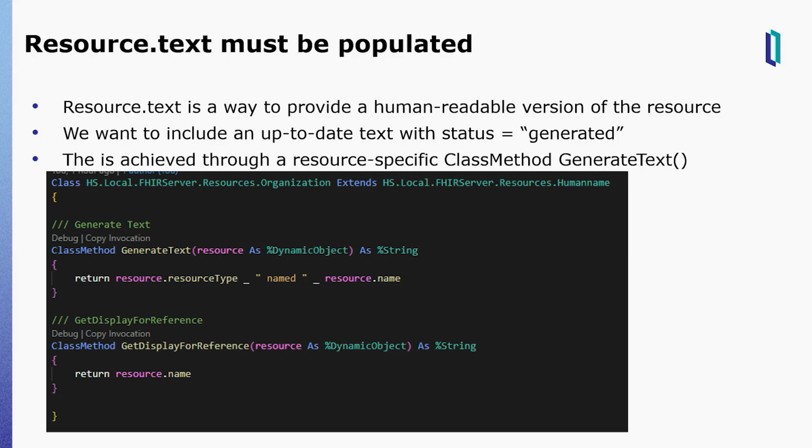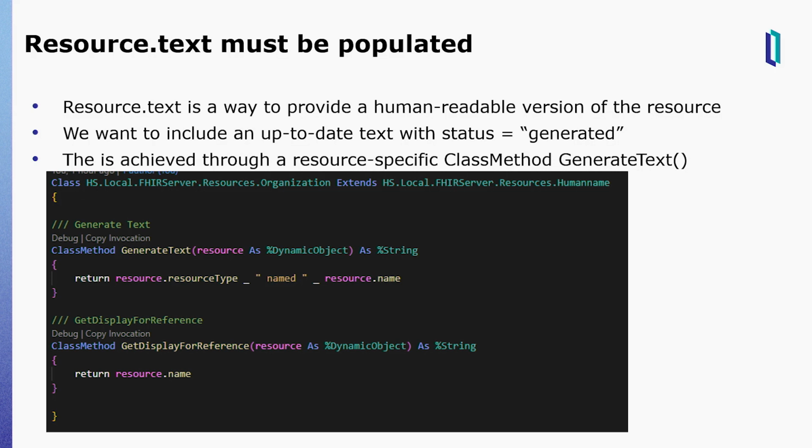Resource text is very similar to what you might be familiar with in HL7 version 3 CDA, where there is also a text version of the resource for cases where you want to be able to use it as a human. A similar concept is present in the FHIR text property.